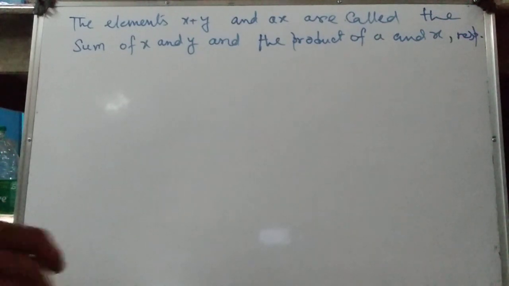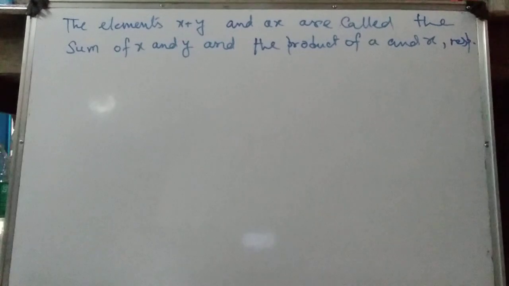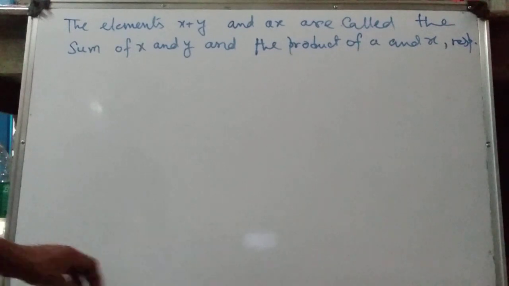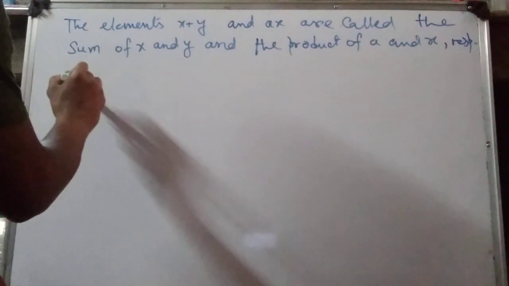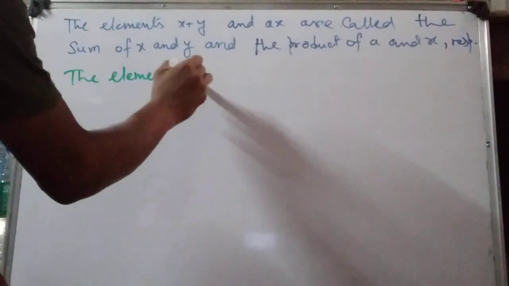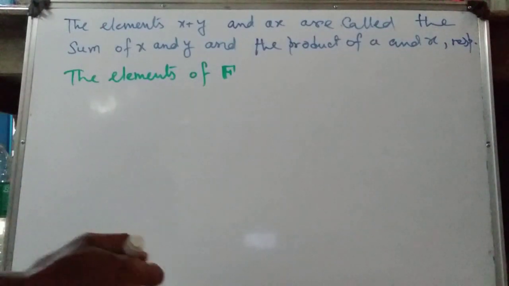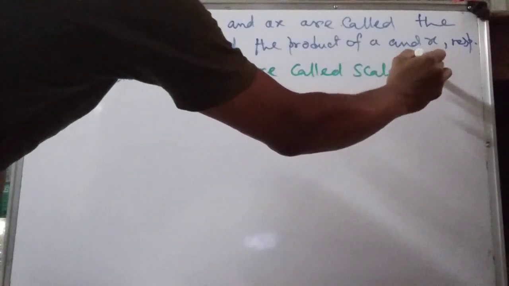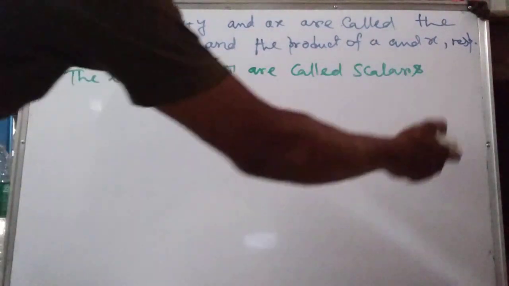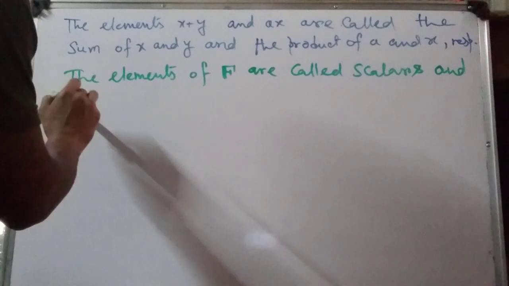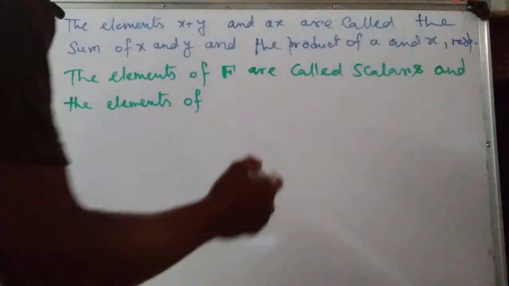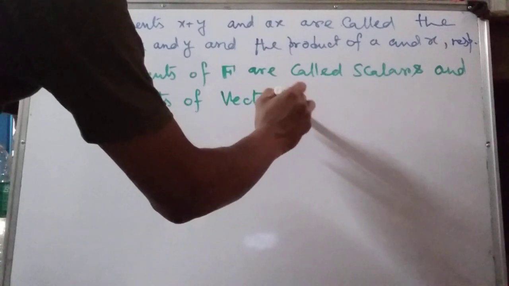Now we also discuss another portion. The elements of F are called scalars, and the elements of the vector space V are called vectors.